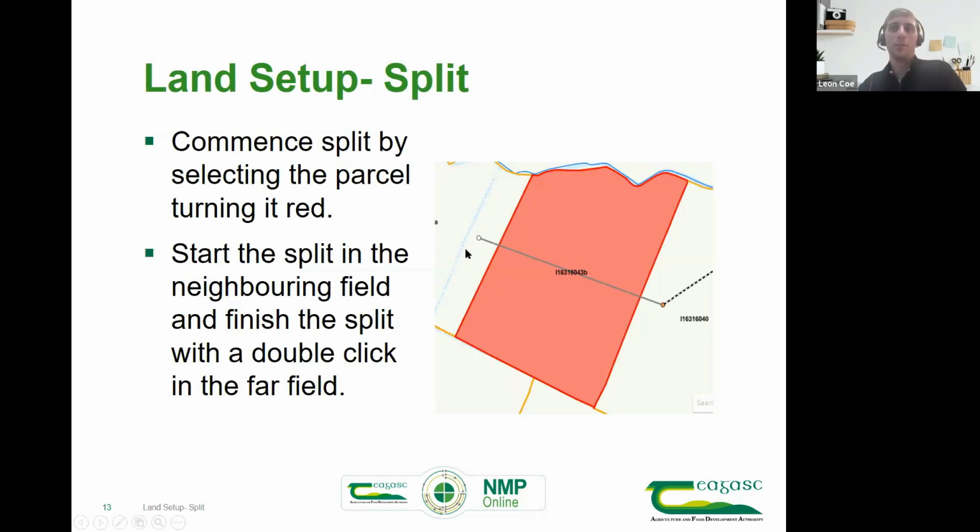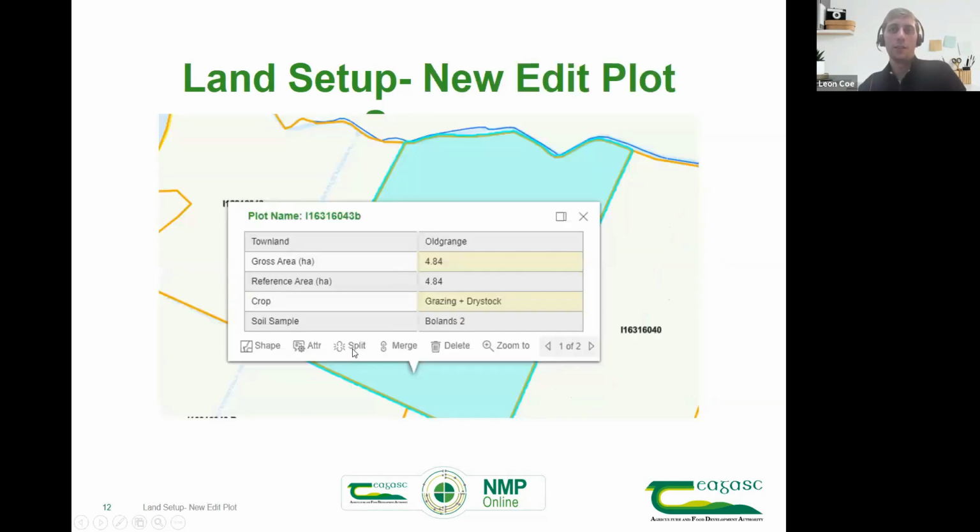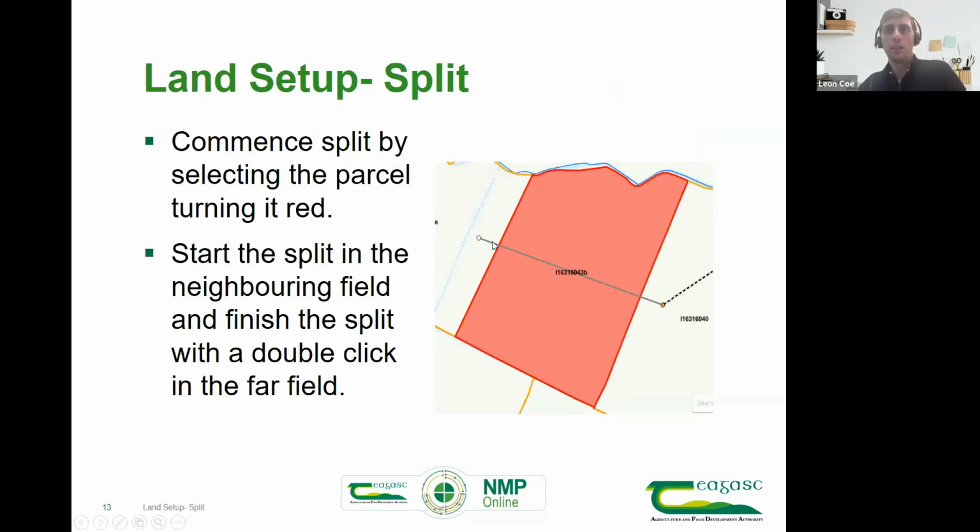So we want to split a plot. I click the split button and then my parcel will go red. Before we used to start on the line, this time I want you to start in the field beside it. Click once and then move your mouse over. If you want to change direction, click again once and then move up the page if you need to put in an angle.